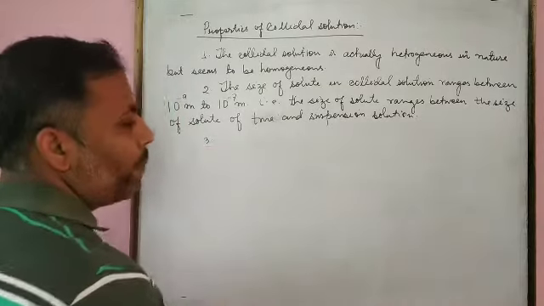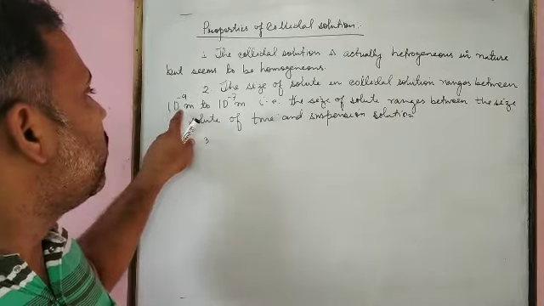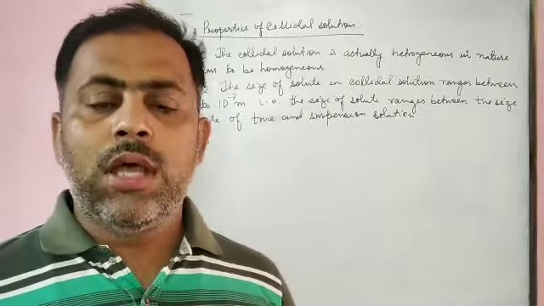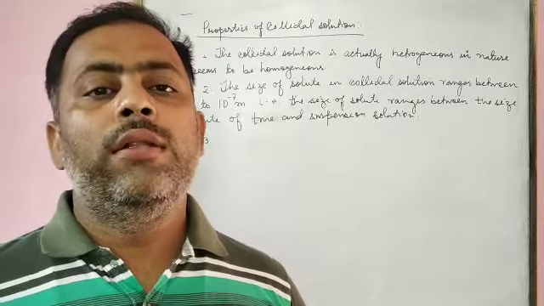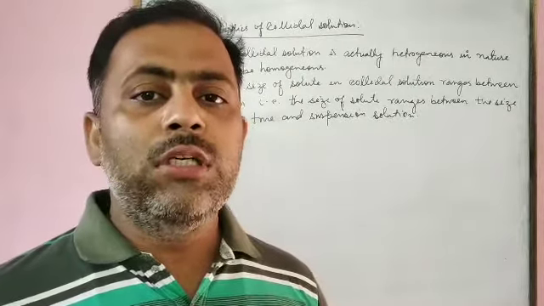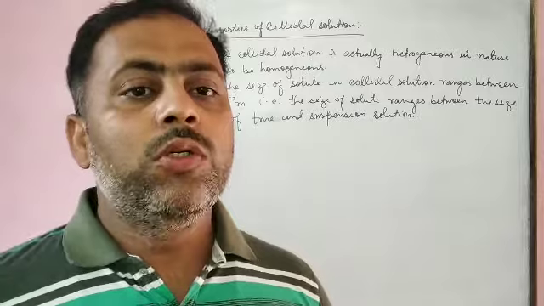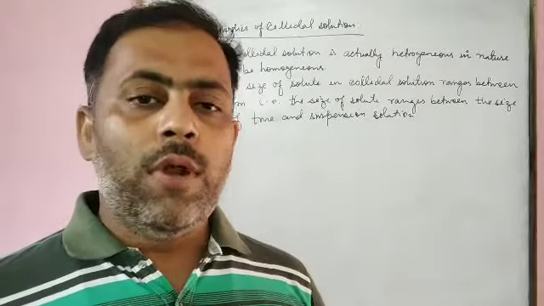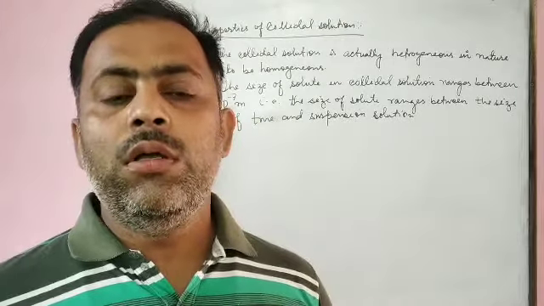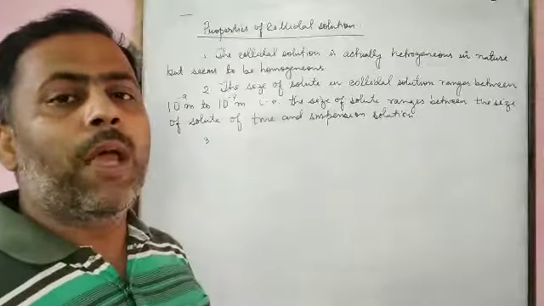The next one, the size. What is the size? The size is 10 to the power minus 9 meter to 10 to the power minus 7 meter. This size is quite small, and the particles of this colloidal solution cannot be seen by the use of a microscope because the size is too small. Only in the case of suspension solution can we observe the solute in the solution with the naked eye together with the microscope.